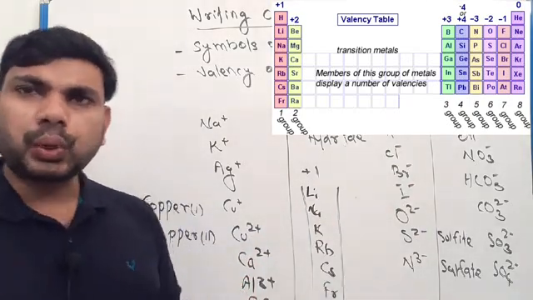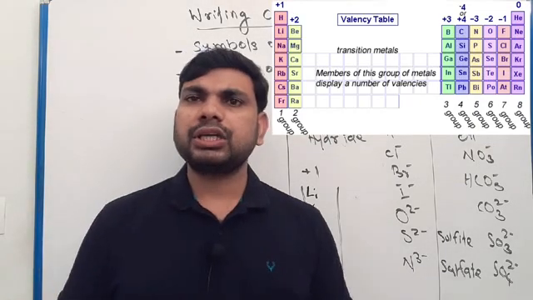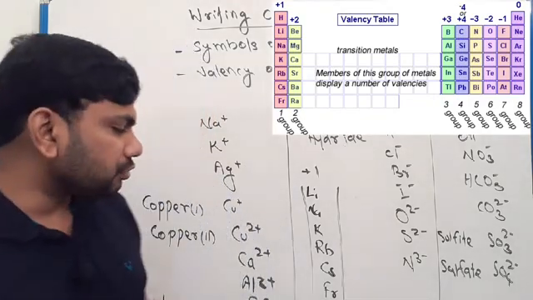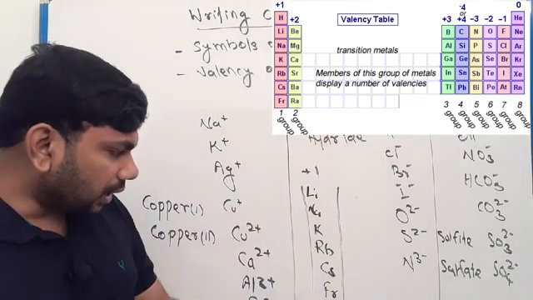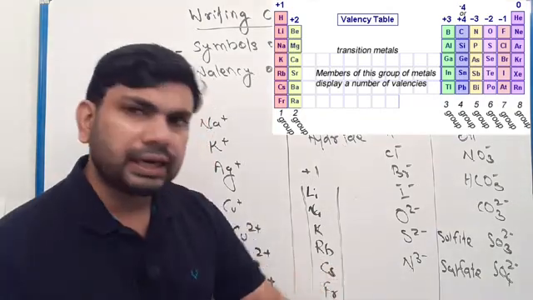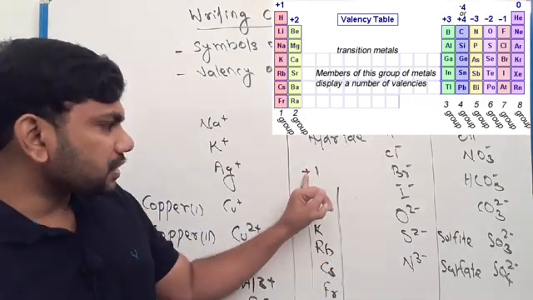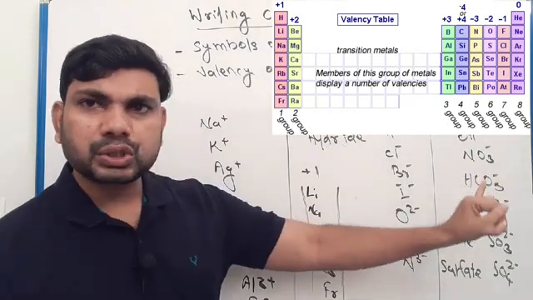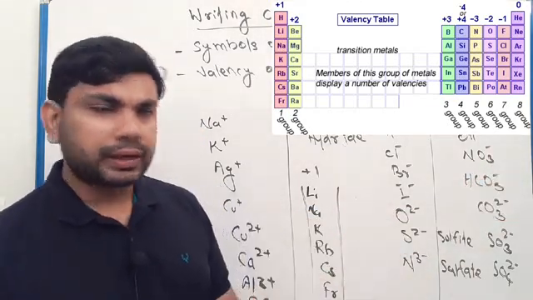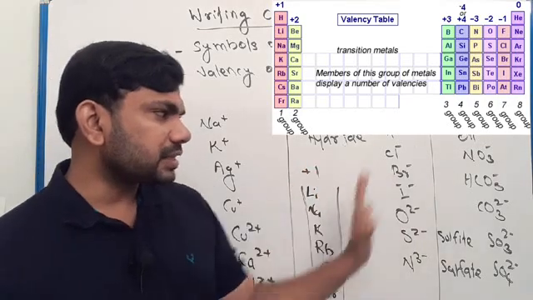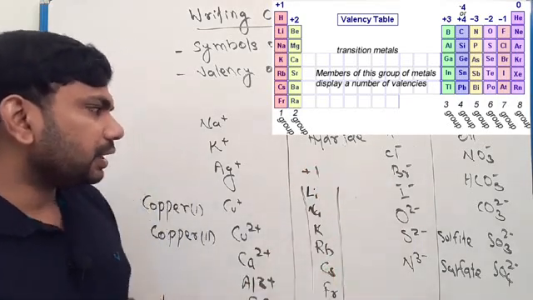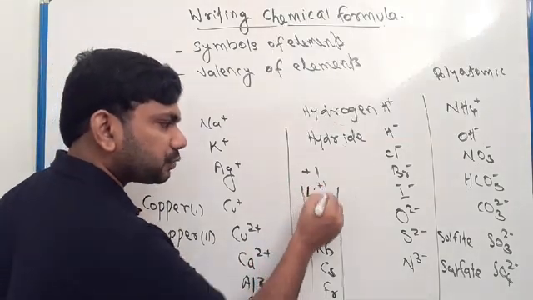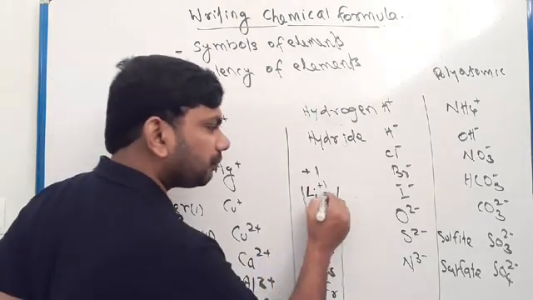So do one thing: collect one periodic table copy and mark group 1, group 2, group 3, and put +1, +2, +3, +4, then -3, -2, -1, 0. These are the charges of these elements. Look here: lithium is +1, so the valency of lithium is 1.